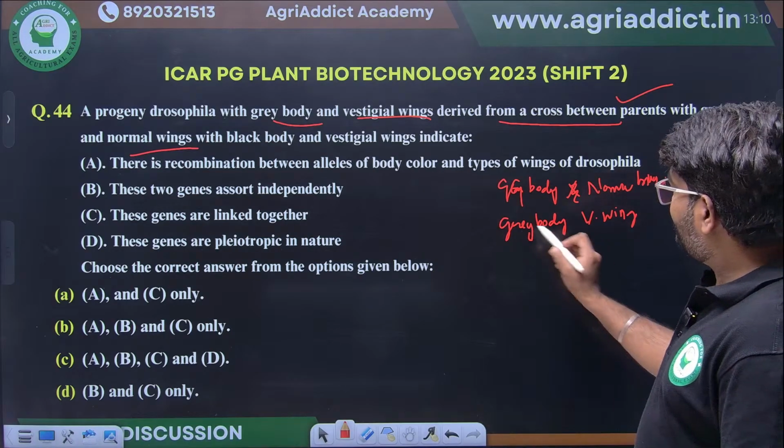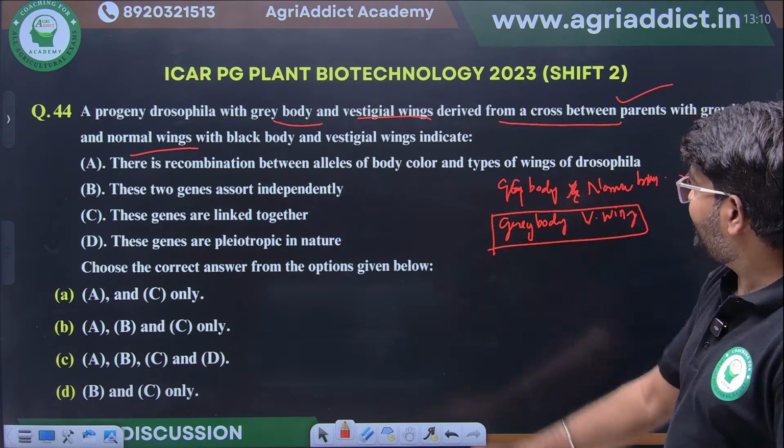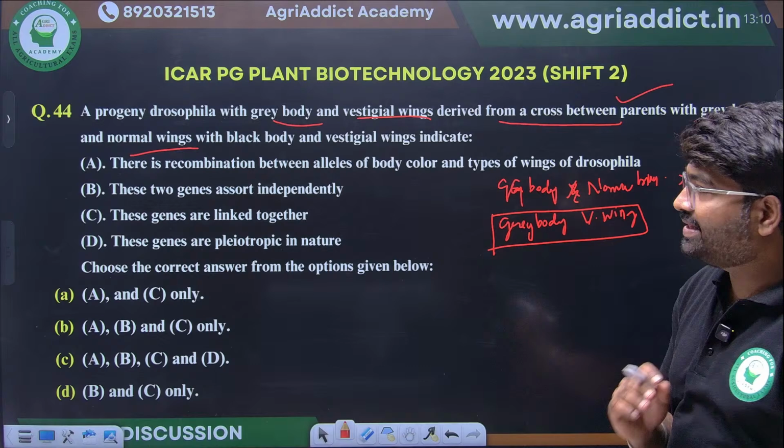But we are obtaining a progeny of grey body and vestigial wings. What will be the right answer?